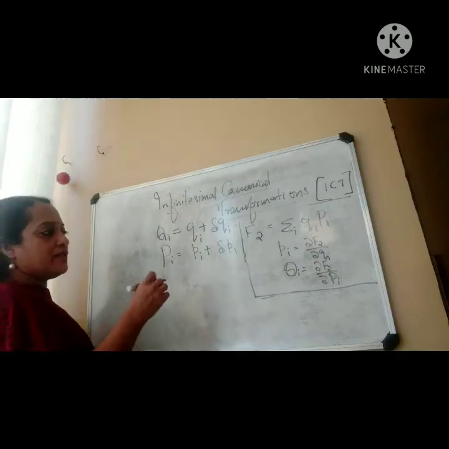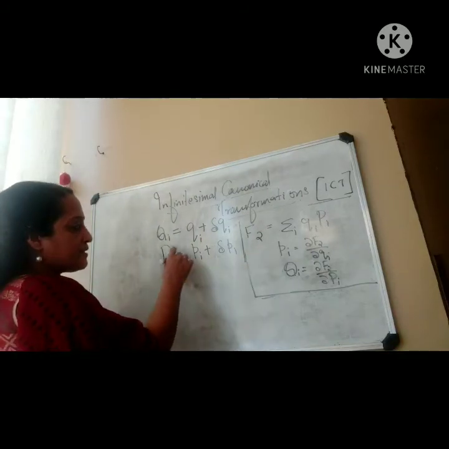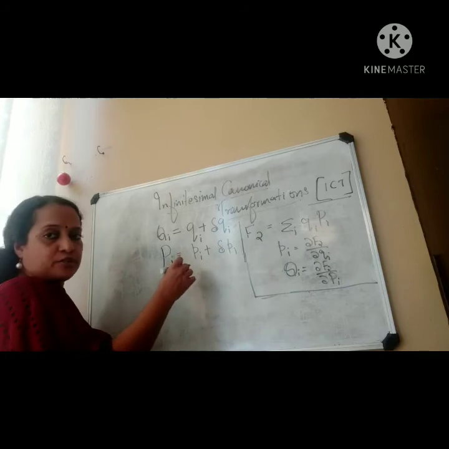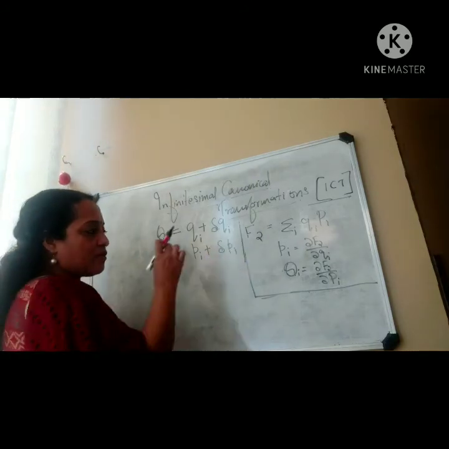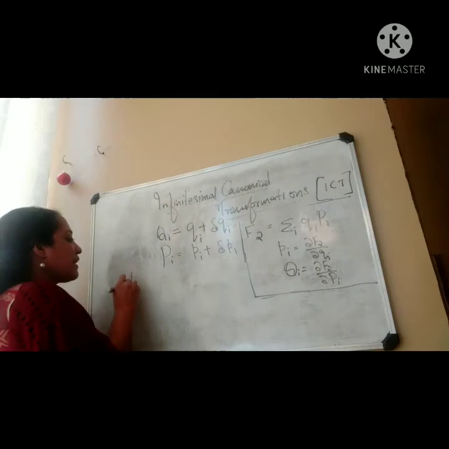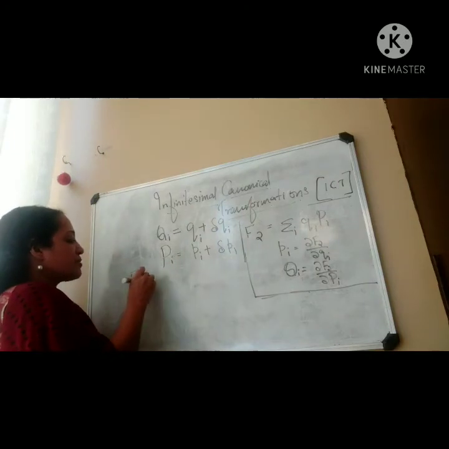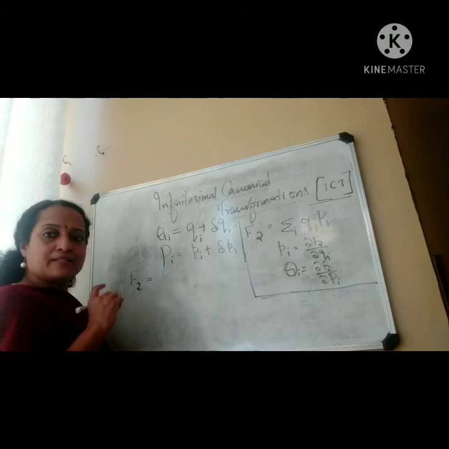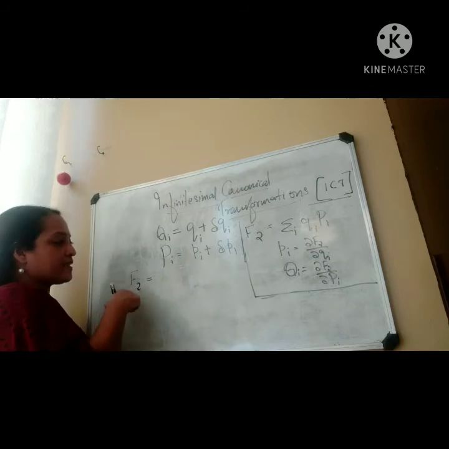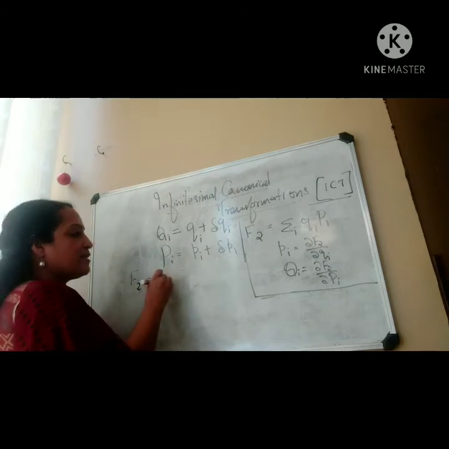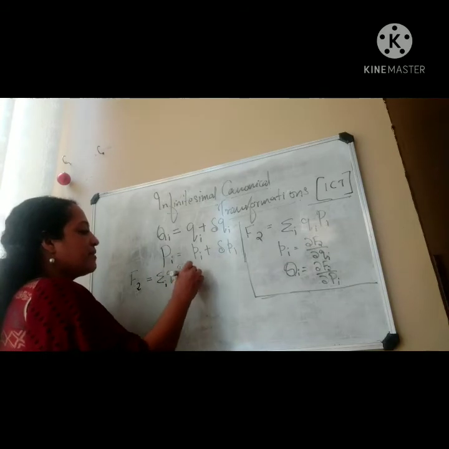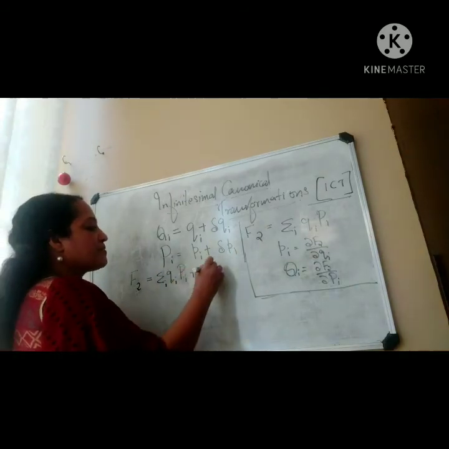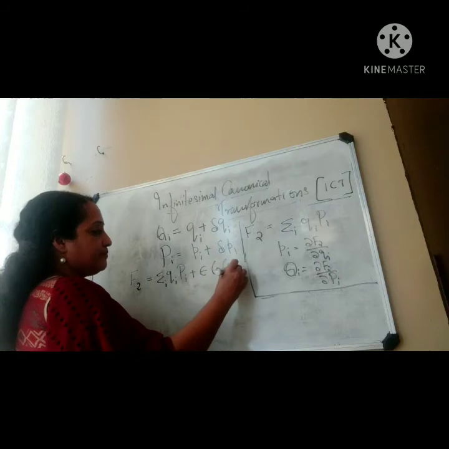Now, in addition to the identity transformation, there is a small change in both coordinates and momenta. When we write the generating function in this case, it will be equal to sigma i qi Pi plus epsilon times G of q, p.